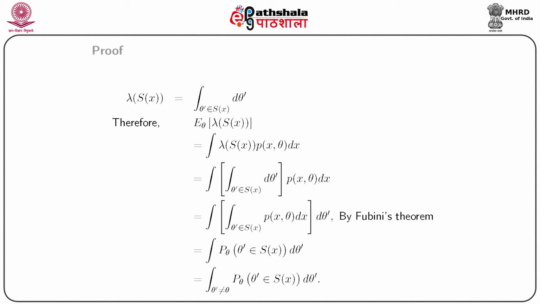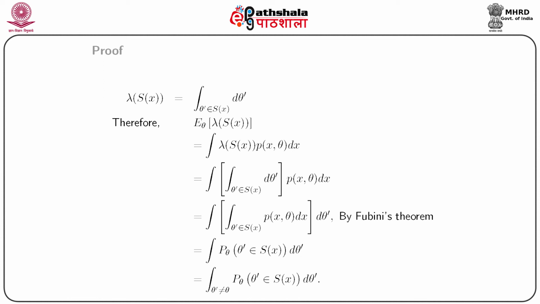Lambda S(x) is equal to the integral over theta dash belonging to S(x) of d theta dash, and therefore expectation under theta of lambda S(x) is equal to the integral of lambda S(x) into p(x, theta) dx, which is the double integral of the integral over theta dash belonging to S(x) of d theta dash into p(x, theta) dx.